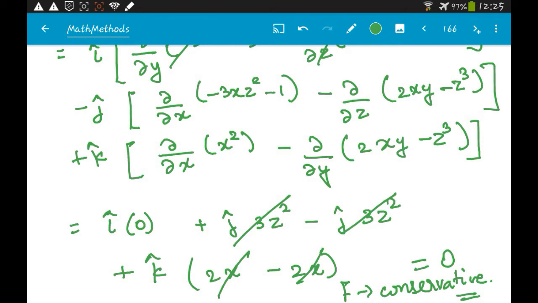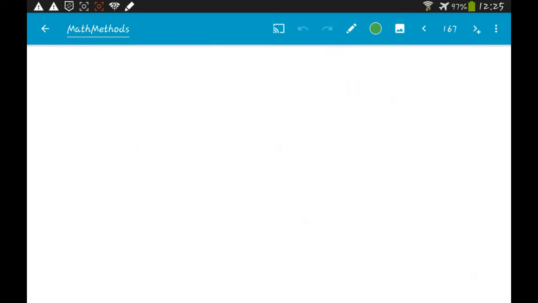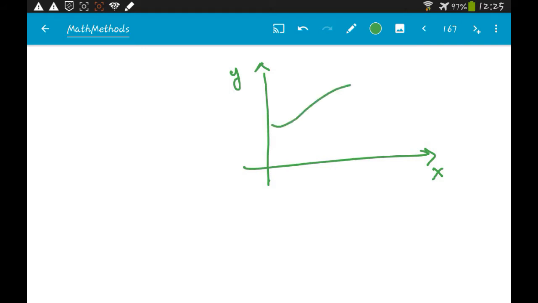Now let us look at some more applications of line integrals, and then we will move on to Green's theorem. Whenever you are given some function, this is x, this is y, and you have some function y equal to f of x, and if I ask you to calculate the area between a and b, then how will you do it?